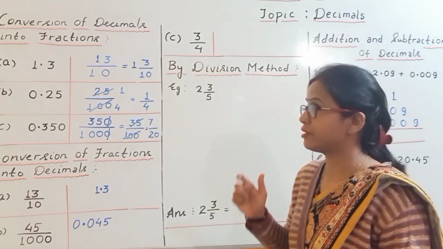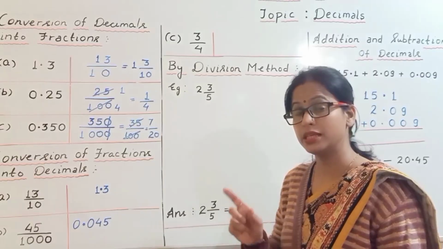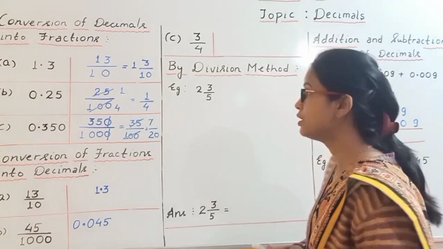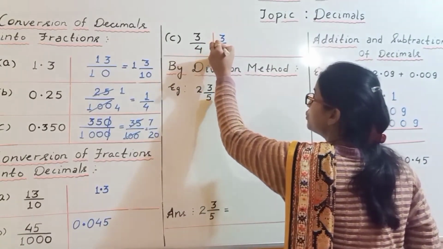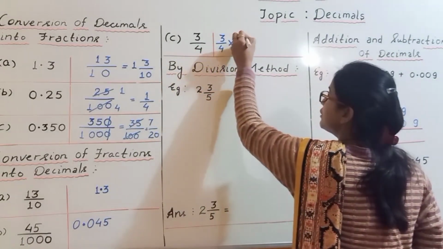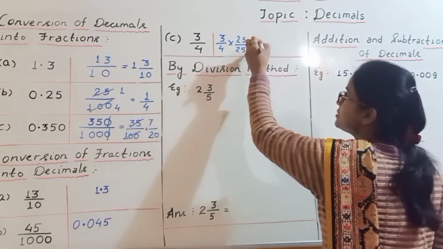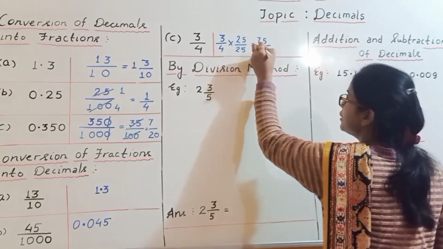As we know, 4 cannot be made 10, but it can be made 100 by multiplying by 25. So we'll multiply numerator and denominator both by 25 and we'll get 75 upon 100.